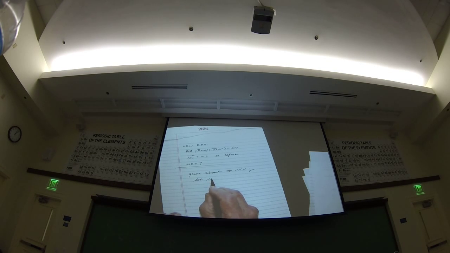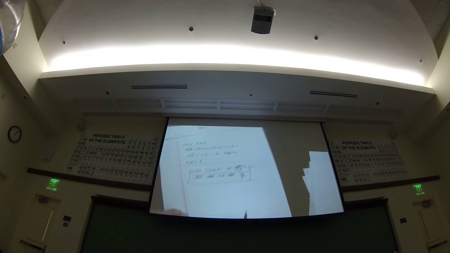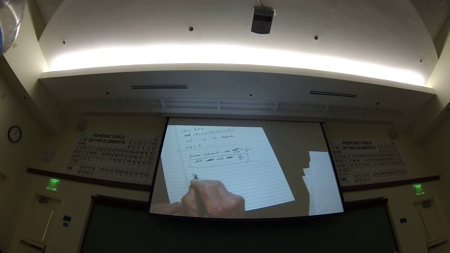Let delta V be linearly proportional, and to make it the simplest one, let's just let it be equal to a constant A over V squared. So that's that.